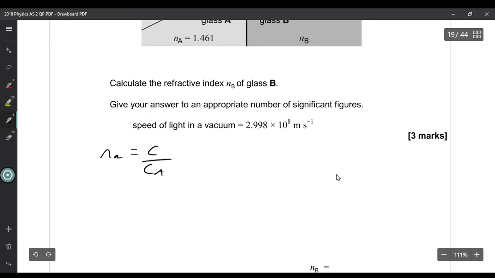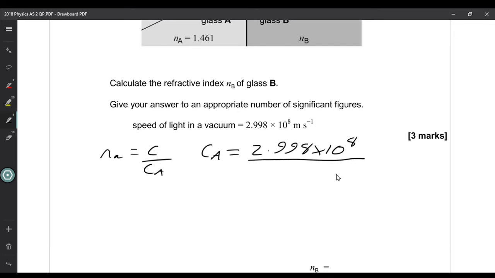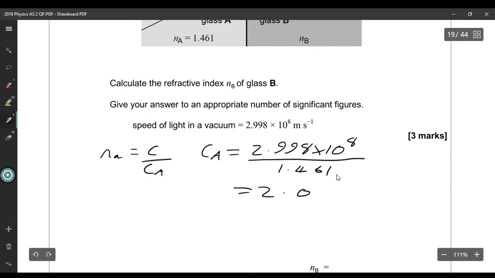If we rearrange that to find the speed of light within glass A, we've got 2.998 times 10 to the 8, the speed of light in a vacuum, divided by the refractive index of A, which is 1.461, and that comes out to be 2.052 times 10 to the 8.